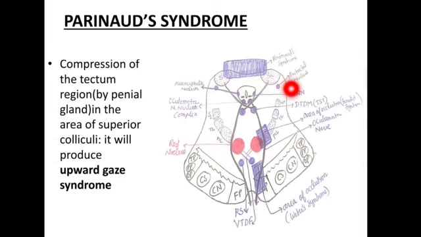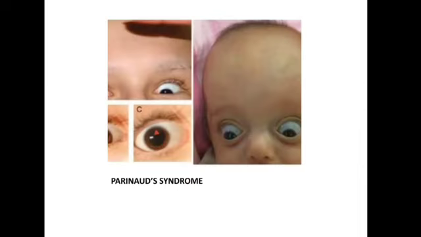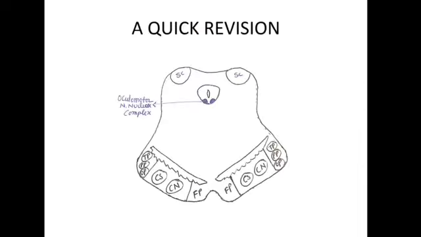It will produce Parinaud syndrome, also called as upward gaze syndrome. So this is Parinaud syndrome, this is Benedict, and this is Weber syndrome. Area of involvement. This is Parinaud syndrome, upward gaze syndrome.